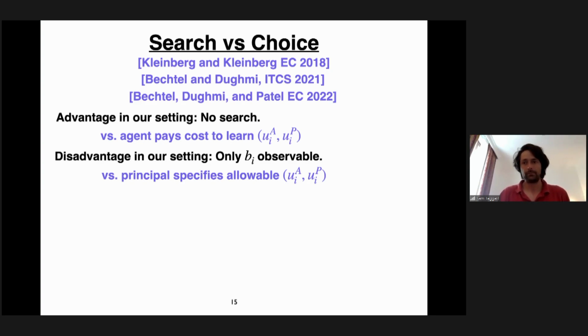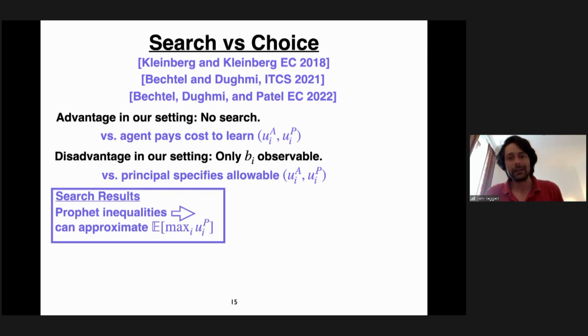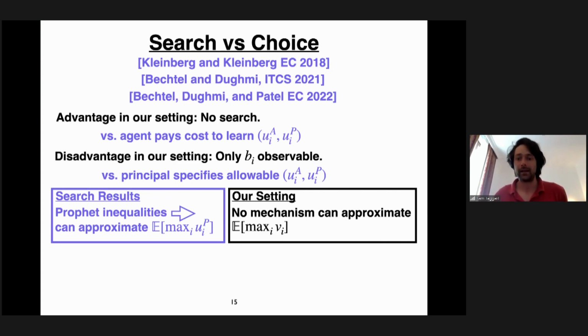It turns out that this latter distinction actually makes a huge difference. In Kleinberg et al. and follow-ups, they're able to use profit inequalities to obtain an approximation to the first best principal utility. This is the utility of the principal if they just solved the search problem themselves, which is really cool, but it turns out you can't do that in our setting.